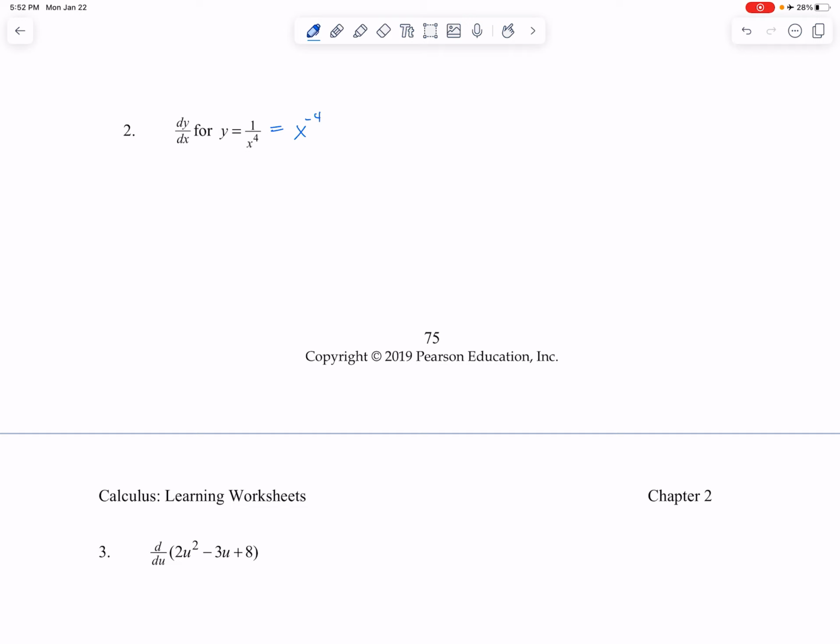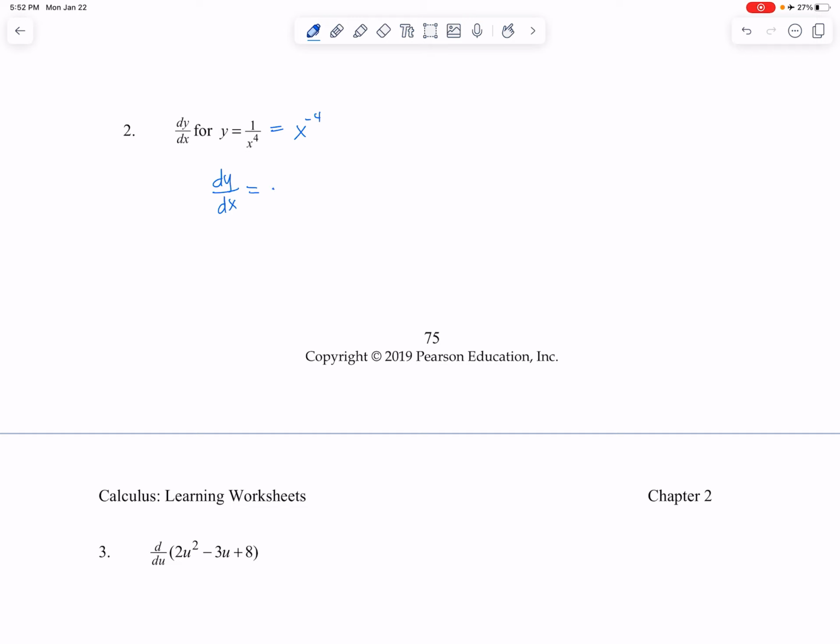If you need to review exponent properties to understand that when I have an exponent down in the denominator, I can move it up to the numerator and flip the sign, go get a refresher on your exponent properties, because you want to be fluent in your exponent properties for all of the things we're going to be doing in this class.